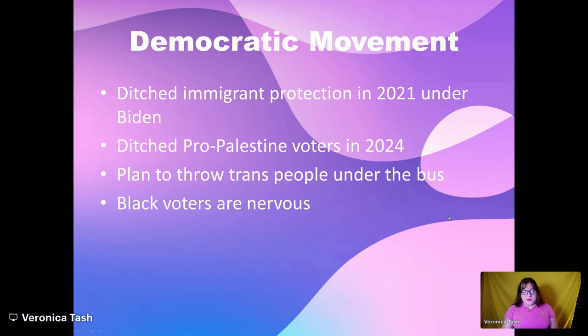So, what did the Democrats do? They ditched immigrant protections in 2021, while they were still under Biden. Biden won the election running fairly to the left, not where he really was, but Bernie pushed him. You were going to have to do this, or my people aren't going to vote for you.